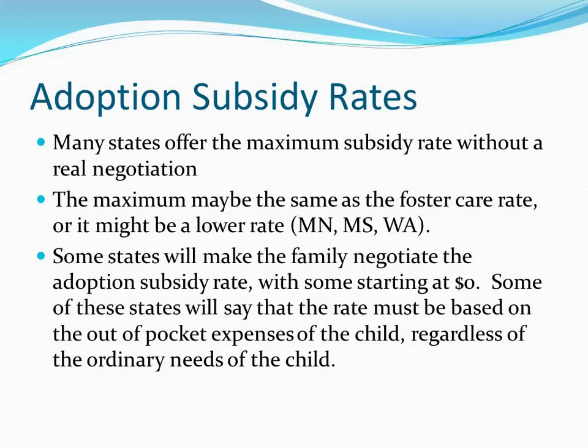And when families are negotiating, sometimes the conversation makes the family feel like they're not really committed to the child, that they're fighting over the money when they should just accept the amount offered.